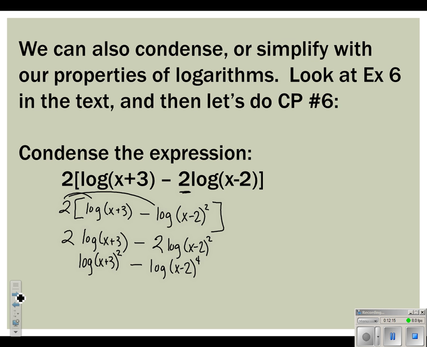Now the last thing I can do to condense this, because this is a minus in between these 2 pieces, that could be undone or condensed using my quotient property. So I could go log of x plus 3 squared over x minus 2 to the power of 4.